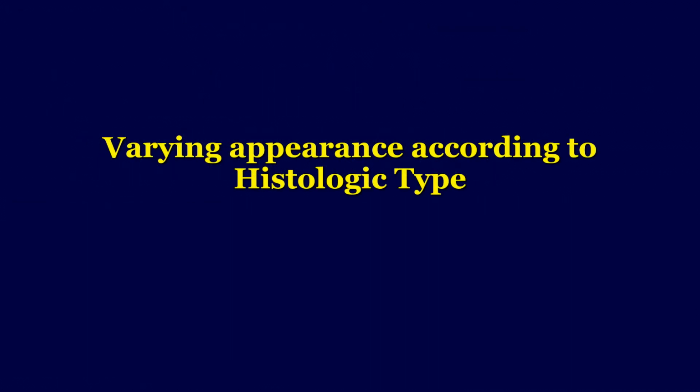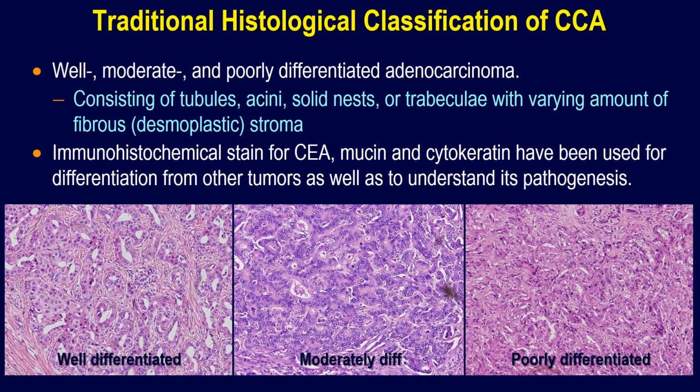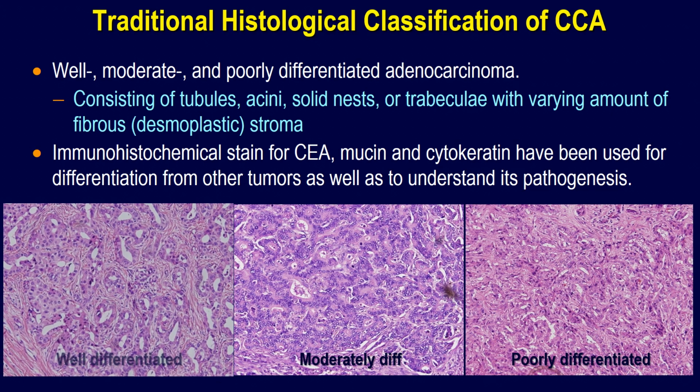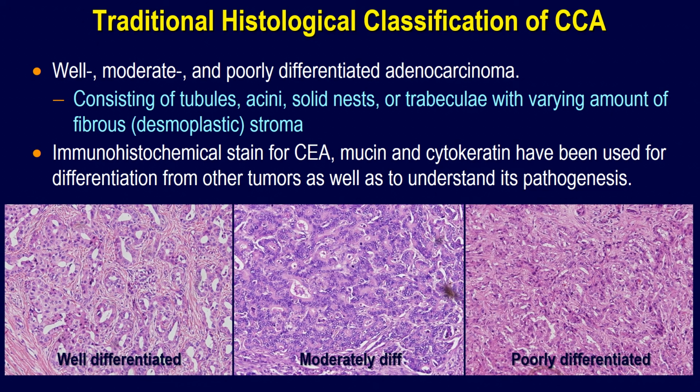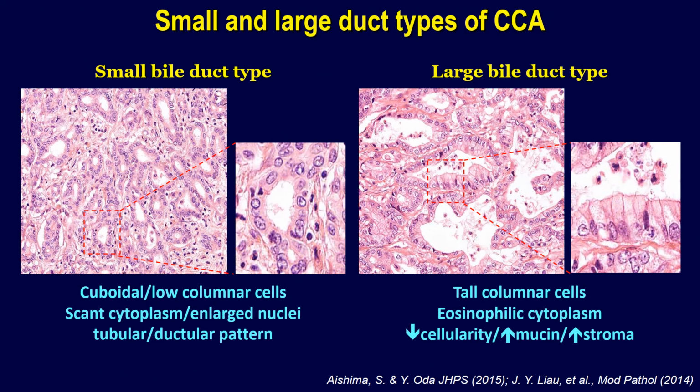Now, let's see the difference according to the histologic type. Traditionally, cholangiocarcinoma has been classified into well, moderate, and poorly differentiated types. However, cholangiocarcinoma is recently classified into small bile duct type and large bile duct type according to various characteristics.